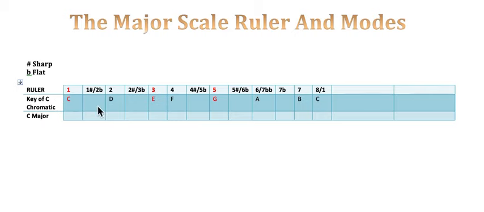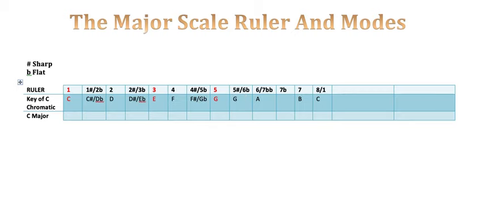In terms of the keys, it means we go here to C sharp, or D flat. This is D sharp, or E flat. And then we go here to 4, which is F sharp, or G flat.